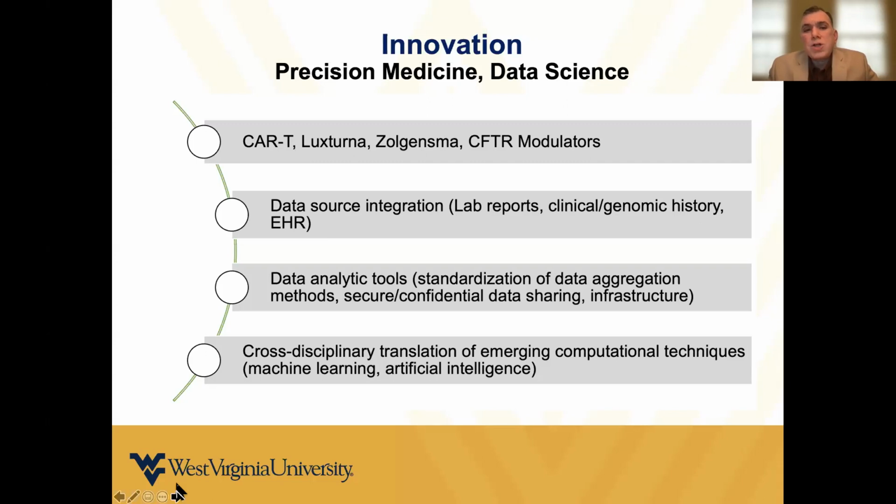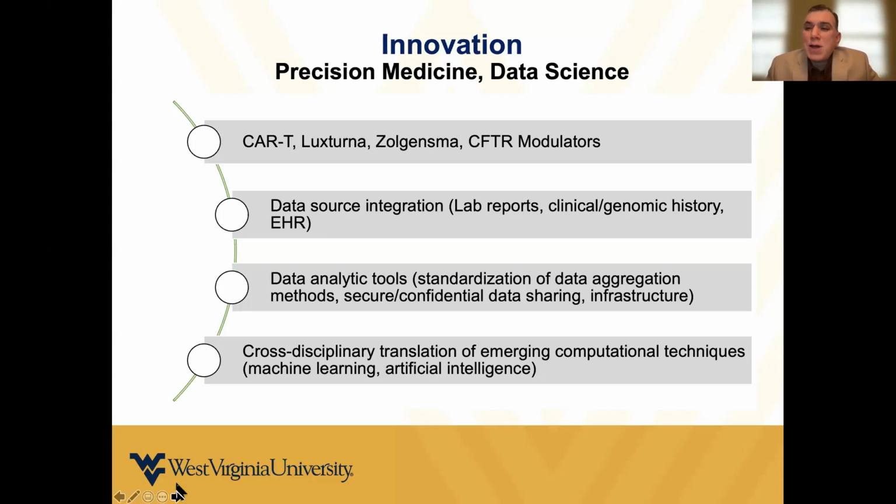And with the introduction of treatments such as CAR-T, Luxturna, which is used for retinal dystrophy, Zolgensma for spinal muscular atrophy, and then CFTR modulators, which are used in cystic fibrosis, these have been a game changer. These are truly innovative products.